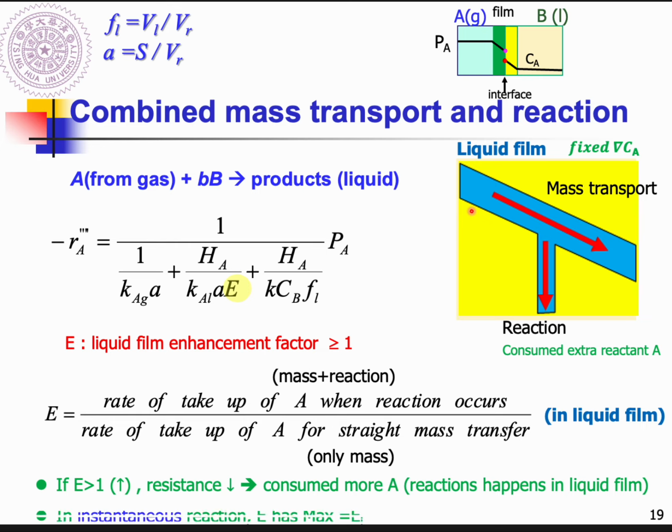Yes, we have, because when the reactions happen very fast, that will consume more A per second, right? As long as the reaction reaches instantaneous reaction, meaning the reaction rate is very, very fast, then you will have the maximum value of E, which we call EI.